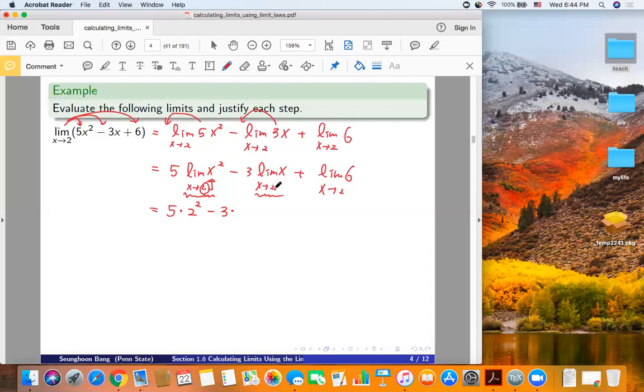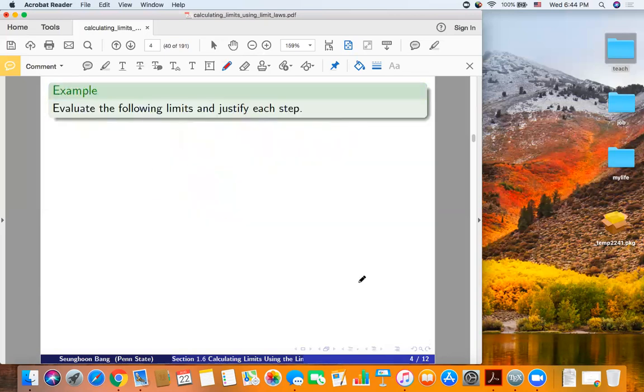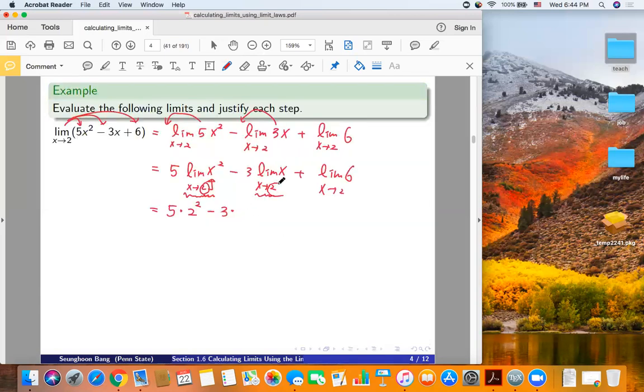We can use this law, only plug a into x. Plus, what is the limit of 6? Is it 6? Yep, 6.